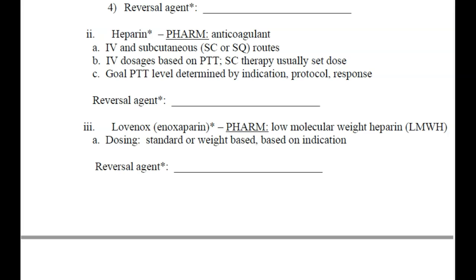Another anticoagulant that we're going to be seeing a lot is Lovenox or enoxaparin. The pharmacological class of Lovenox or enoxaparin is low molecular weight heparin. So this is different from the heparin, right? Because the heparin's pharmacological and therapeutic class is anticoagulant. For Lovenox, it is an anticoagulant, so that's a therapeutic class.